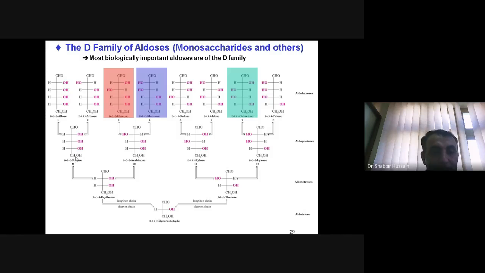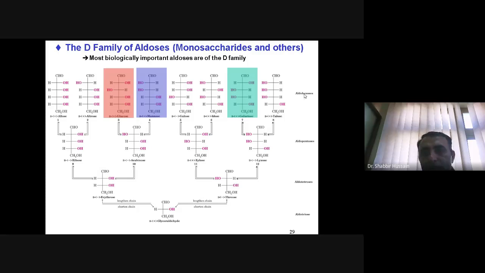If you are talking about D-ribose, all three hydroxys are on the same side, while if you see lyxose, the first 2 hydroxys' configuration is on the left side, while the third hydroxy is on the right side. So only the difference of the position of configuration.